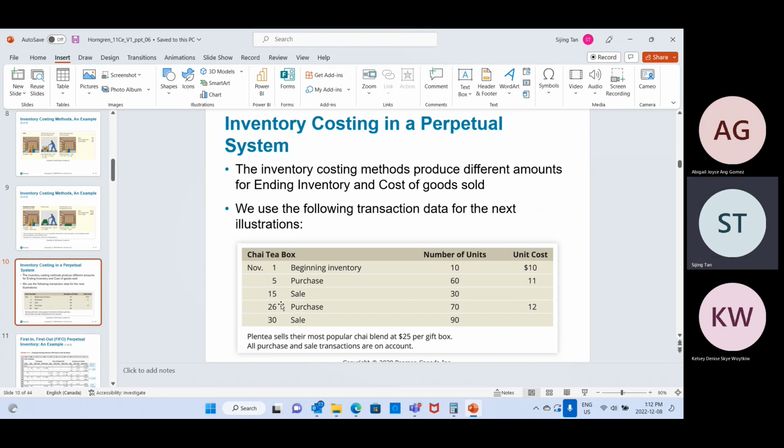November 26th, we have another new purchase, 70 boxes at $12 per box. And on November 30th, we sell 90 boxes. The selling price is $25 per gift box, with no change no matter what method you use.